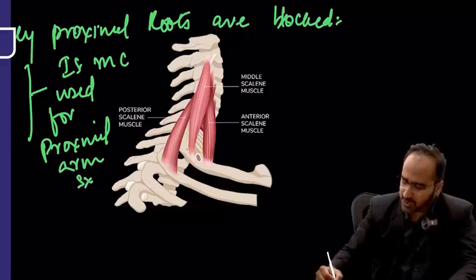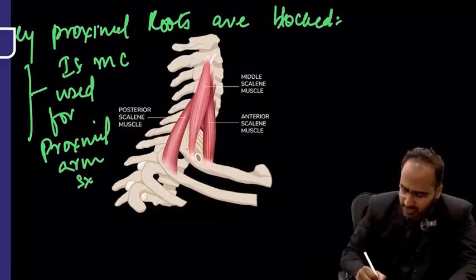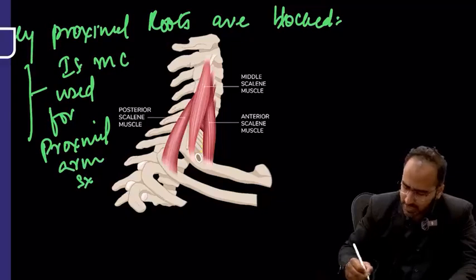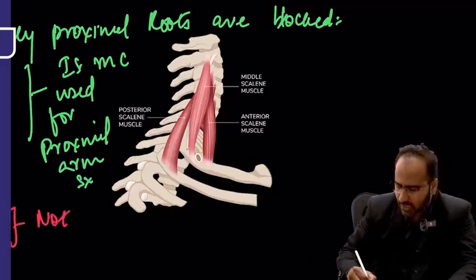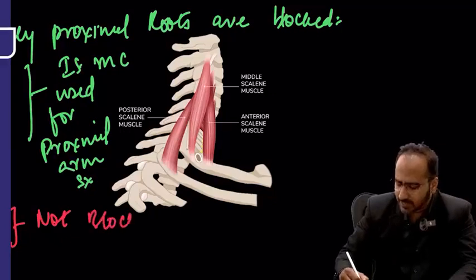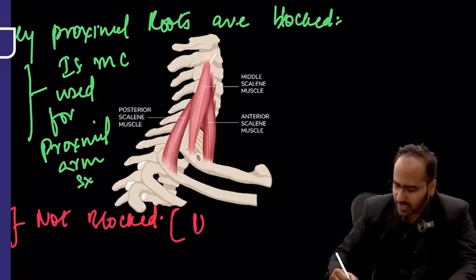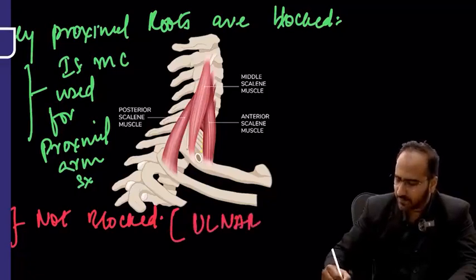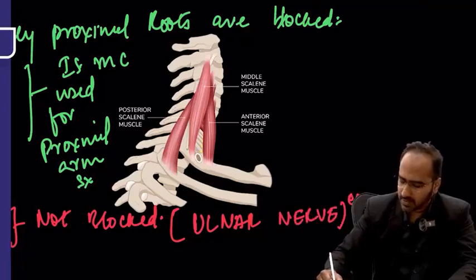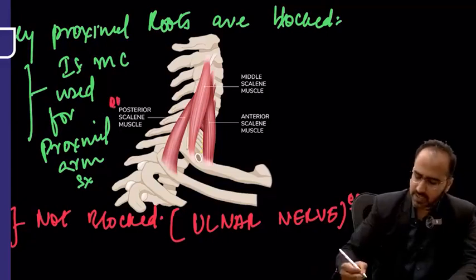Whereas, what are the roots which are not blocked at all? It is C8 and T1. As C8 and T1 are not blocked, what is the nerve that is being spared? The nerve that is being spared in this interscalene approach is the ulnar nerve.